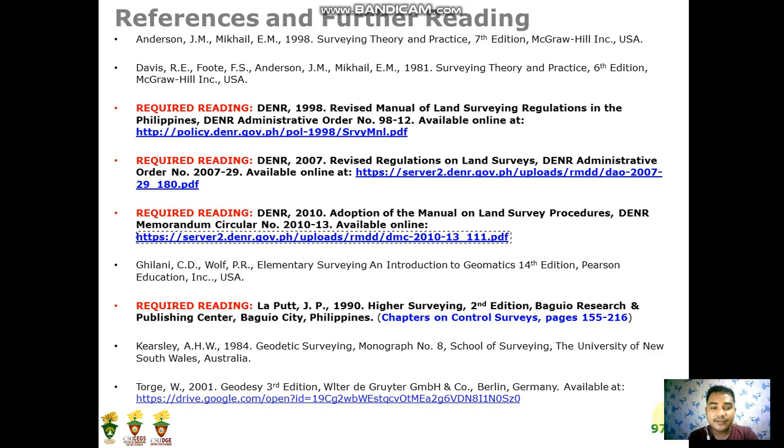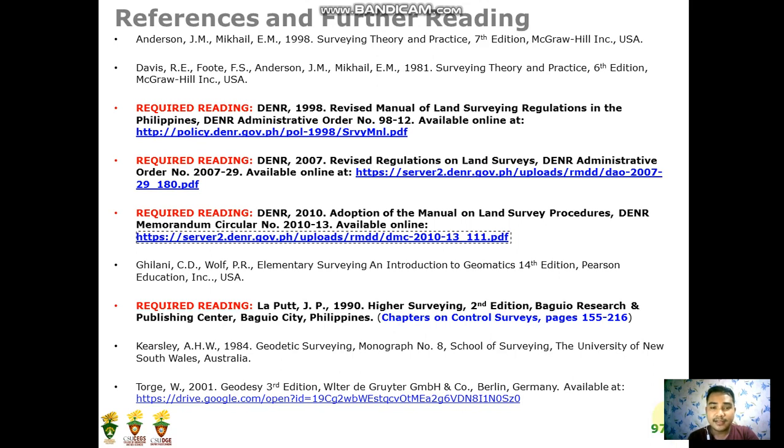Another required reading is from DENR 2010, the adoption of the manual on the land survey procedures, DENR Memorandum Circular number 2010-13, available also on that website. I will give a quiz on these three readings.